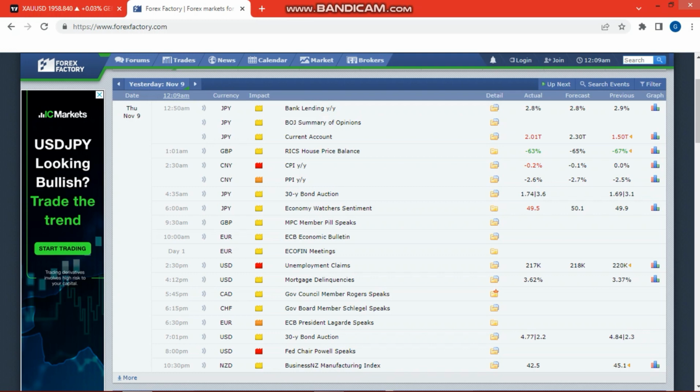But whenever you see this red symbol, it means there's going to be high impact on this particular currency. As you can see, it's a CNY currency, which is not a major currency. This one is also medium, which means it's giving you a medium impact in the market.